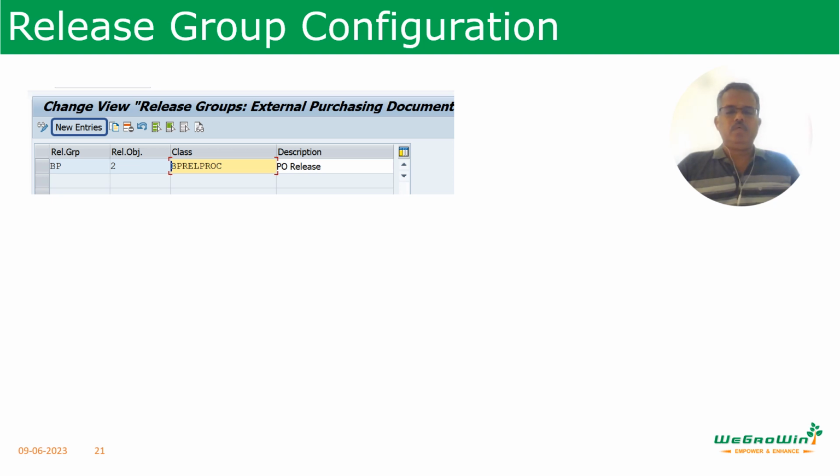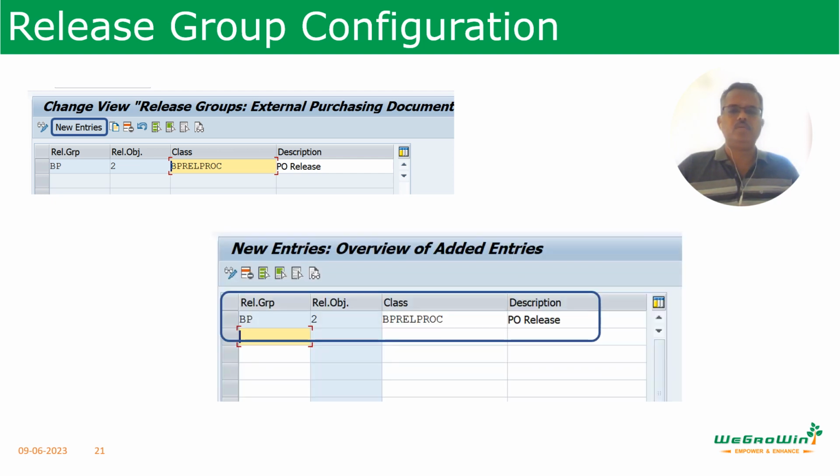Now we are in the release group configuration. Once we go into this, let us enter new entries. The system will bring us to this page. In this new record, we have to provide an appropriate name for the release group in the Rel. Group column. Under the Class column, we enter the class we are going to use.